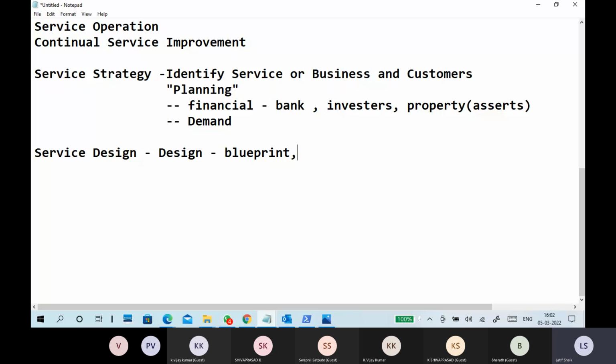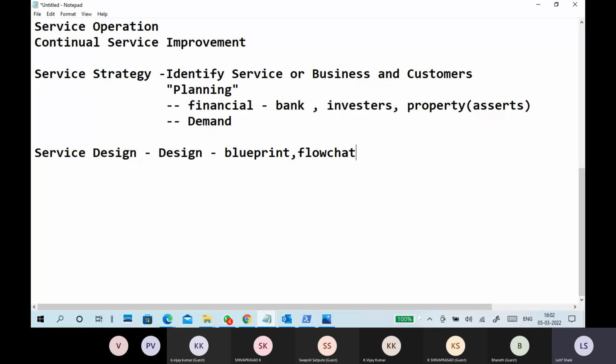Blueprint, flow chart. So we have to design. Like I want to put 10 servers, some 100 client systems, IP addresses are required. First of all, I will plan what the server names, client names, IP addresses, static IP, and dynamic IP ranges are, everything I plan.